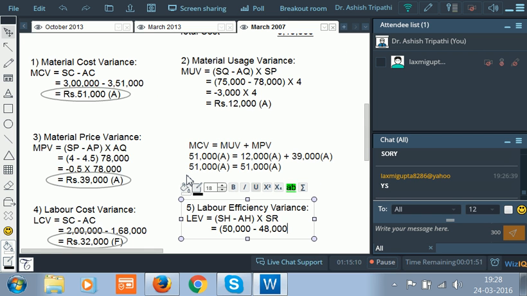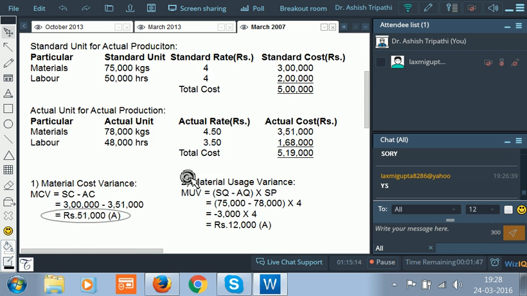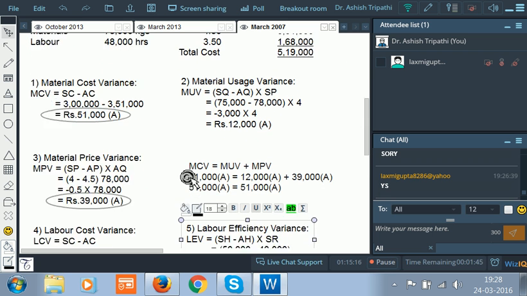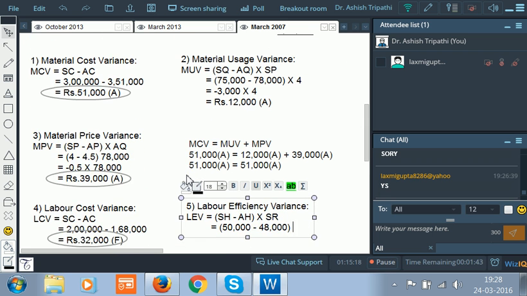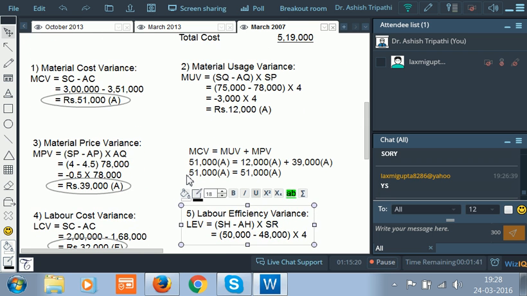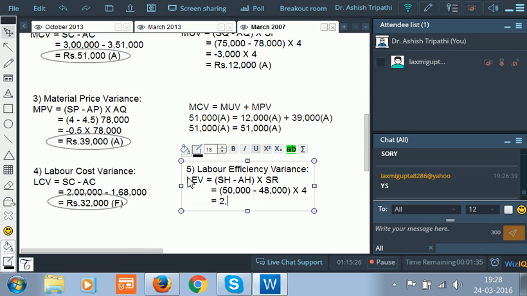We want standard hours. So standard hours are 50,000 and actual 48,000. 50,000 minus 48,000 into standard rate 4.